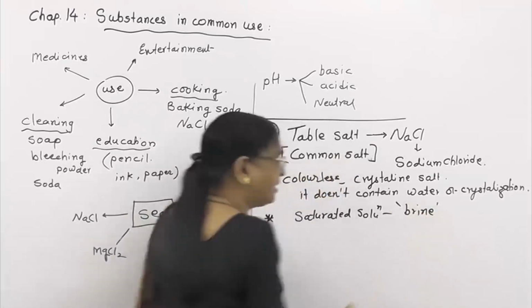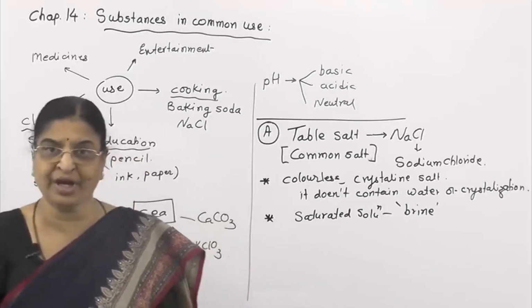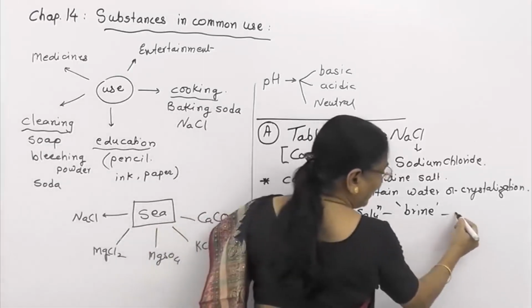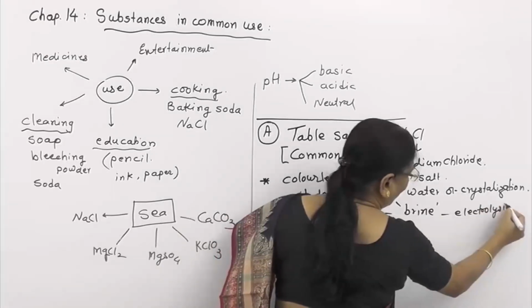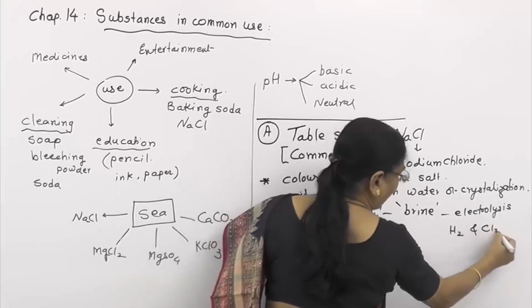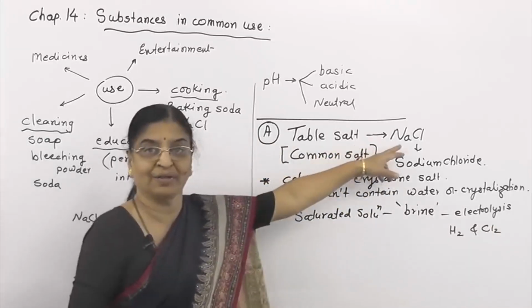See, this brine also you can pass electricity through, and what happens by the electrolysis is you get H2 and Cl2 gas. And what happens to this Na part then?